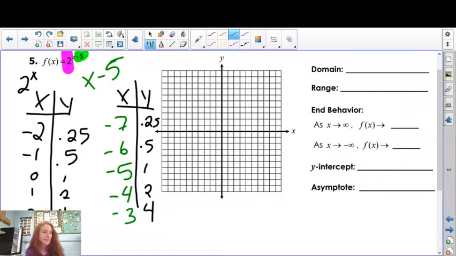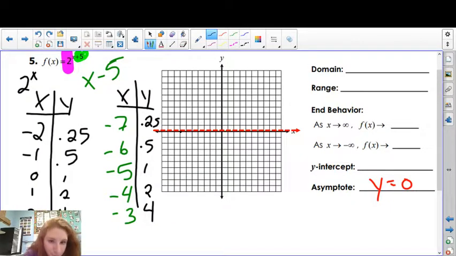Now, just like in our last video, we have our asymptote line. I don't even remember what color that was. We're going to go with red. And it's going to change if I go up and down any. Since I didn't go any up or down, it's going to stay at y is equal to 0. Now I'm going to plot these points, -7, 1/4.